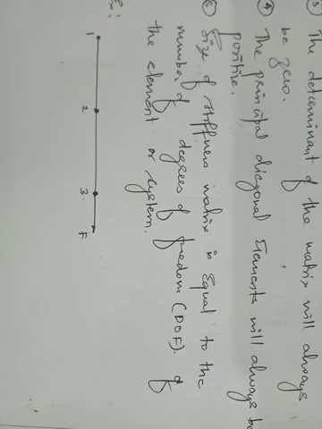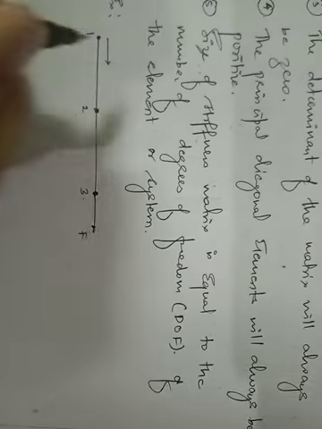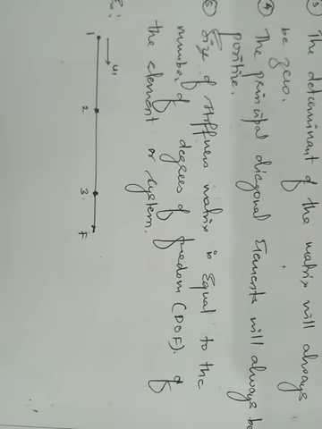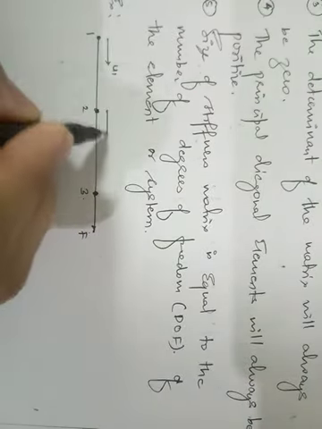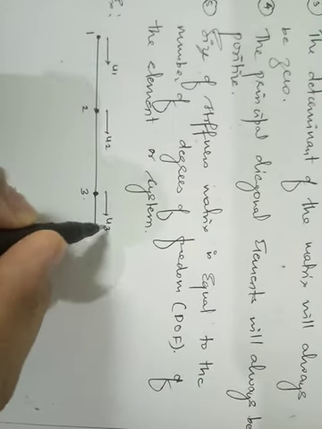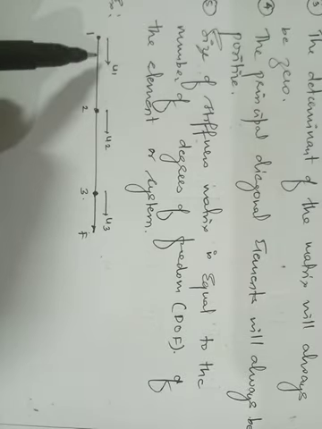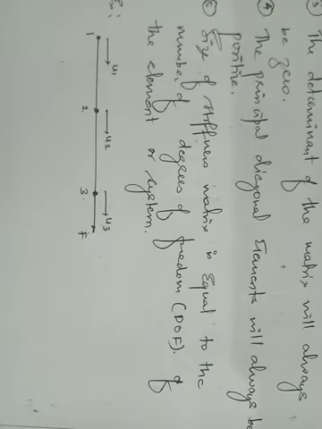And because of this force, we are having a displacement in x direction. Here also we are having displacement in x direction. So each of the nodes are going to be displaced in x direction. So in this particular case, what I can say here is the total degrees of freedom is 1, 2 and 3.